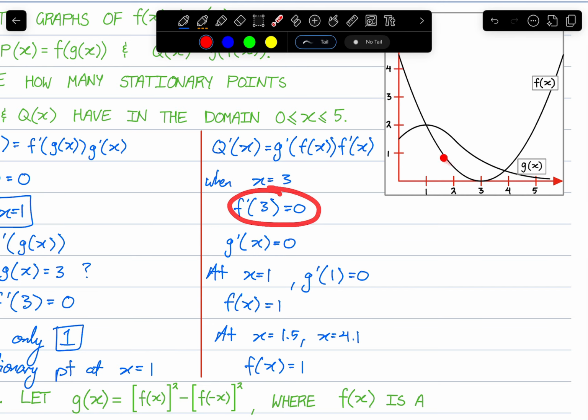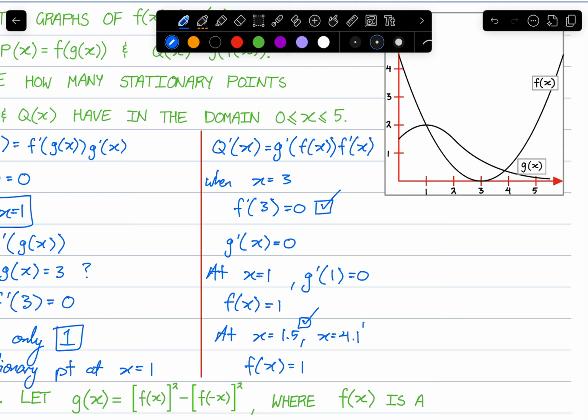F prime of 3 is definitely a stationary point. There's 1 here. And at x equals 1.5, f becomes 1. But when f becomes 1, this here is now going to become 1. G prime of 1 gives me another stationary point. So there's 2 here. And by the same logic, 4.1 is another stationary point.